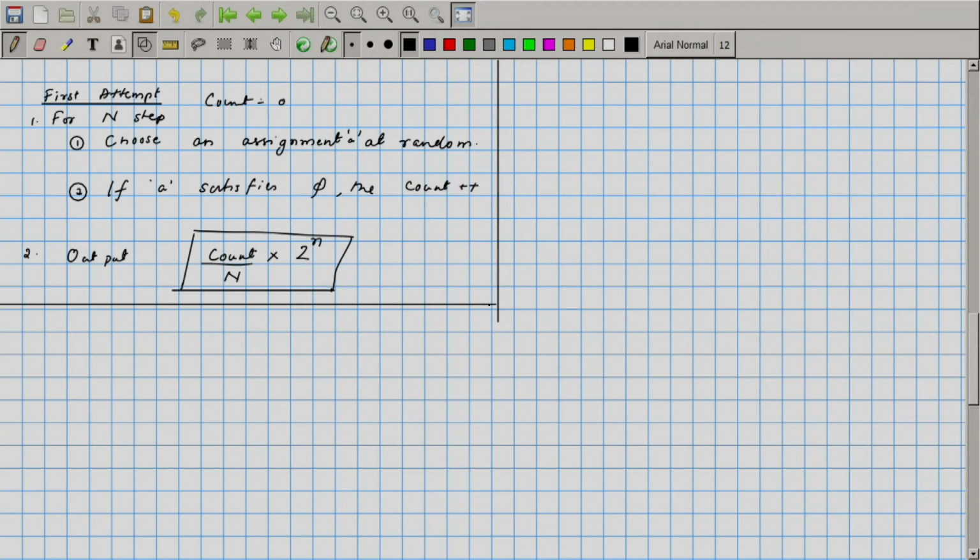So, let us look at a more general problem. Let us say we had a universe which we call as U, and let us say we have the set of interest which we call as G. So, G is a subset of U. We are interested in computing size of G. Okay.